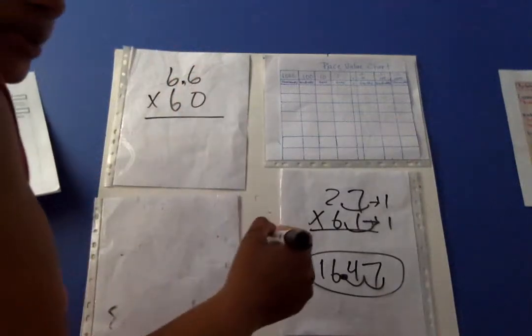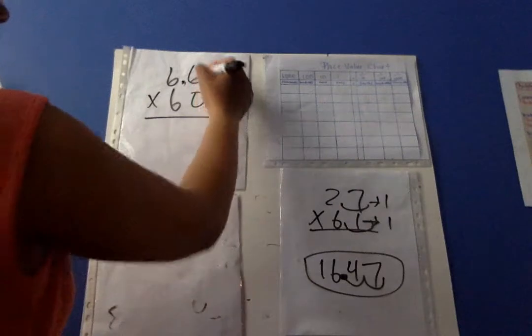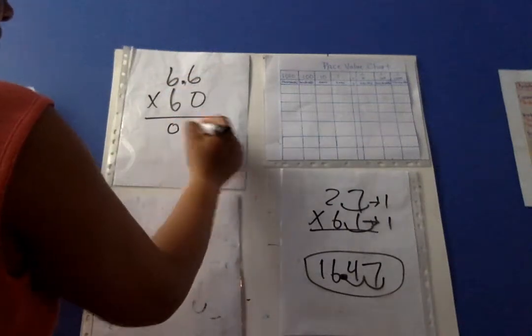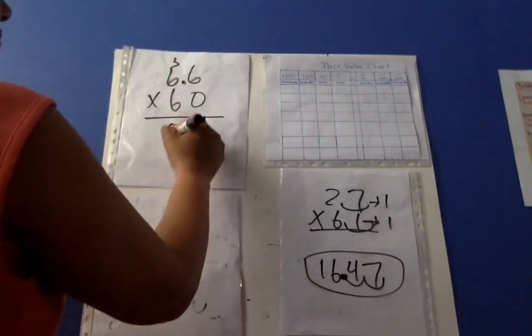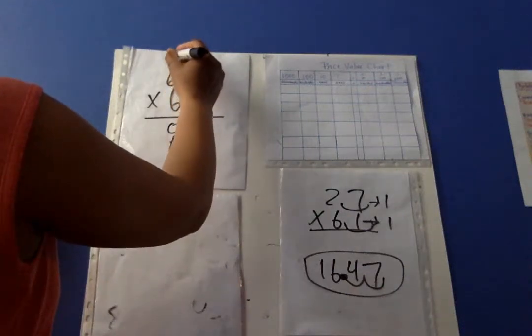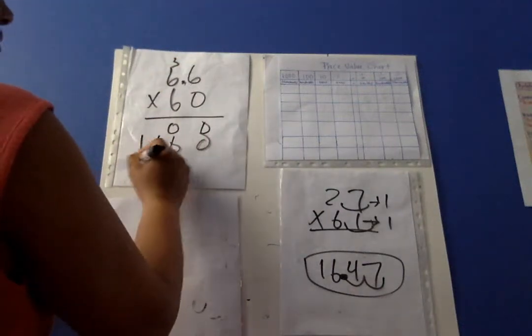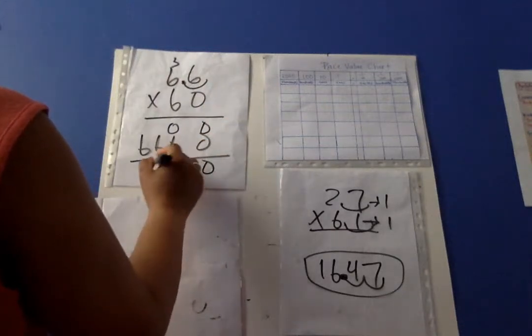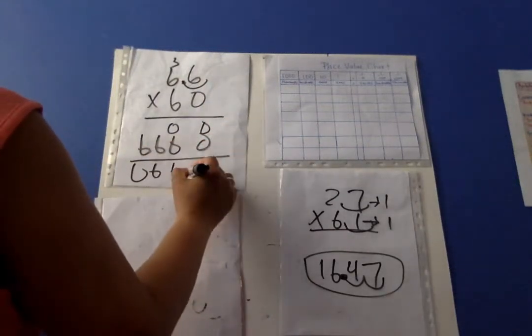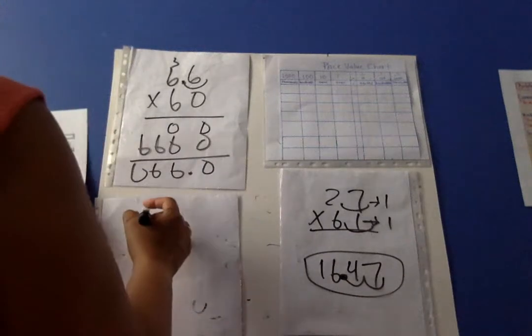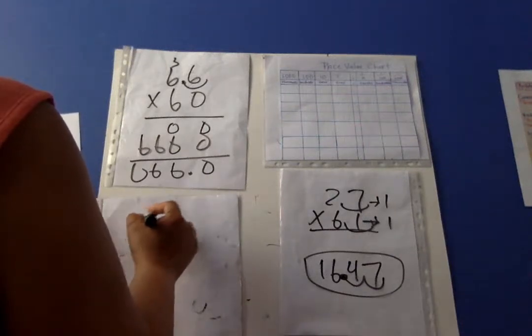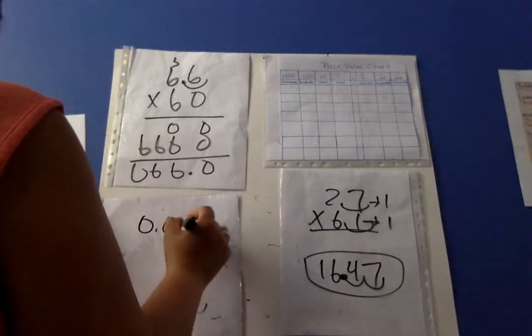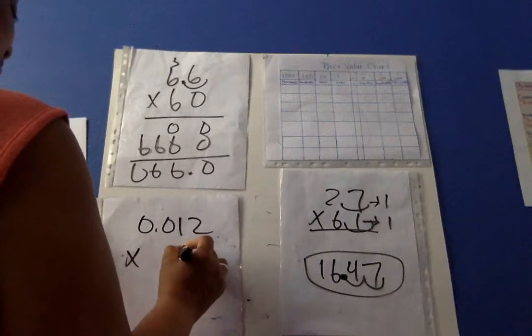Try to work on your own, and then let me know when you're putting your thumb up. Let me know when you have completed this problem. If you're done already and everyone else is not done, then continue on to this next problem that I'm going to write, and then we'll go over it together.